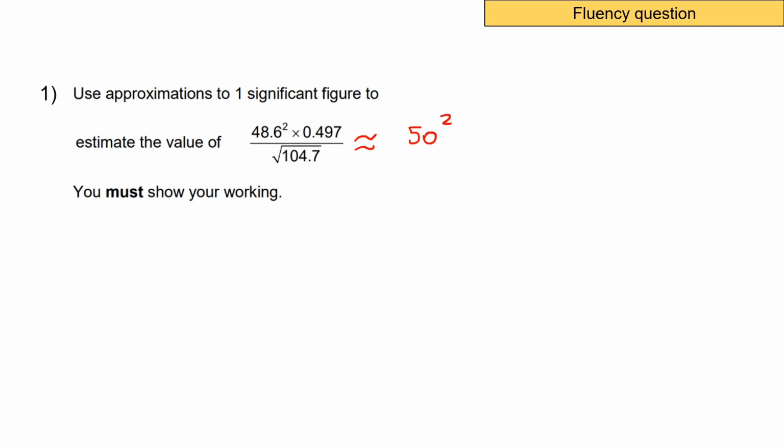48.6 squared is 50 squared to one significant figure. 0.497 is going to be 0.5 to one sig fig, so that's the first significant figure, the first non-zero digit. The next to it is 9, that goes up to 5. And then 104.7 is going to be 100.